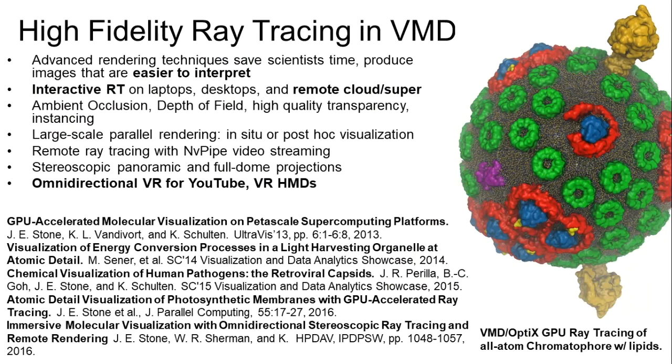VMD has had support for ray tracing for the entire time it's existed. However, in the early days, it was a batch mode process that was very slow, and it might take even an hour to generate an image. Today, with state-of-the-art techniques, ray tracing can be done interactively at 20 frames a second on a desktop computer with a GPU or a recent CPU.